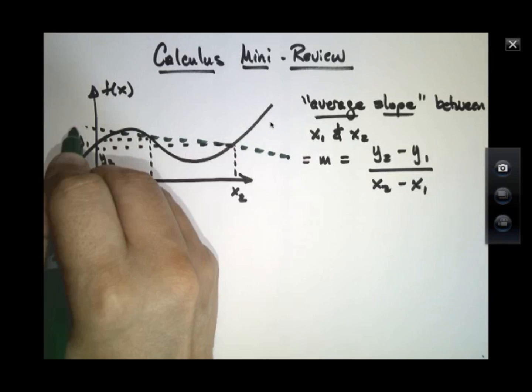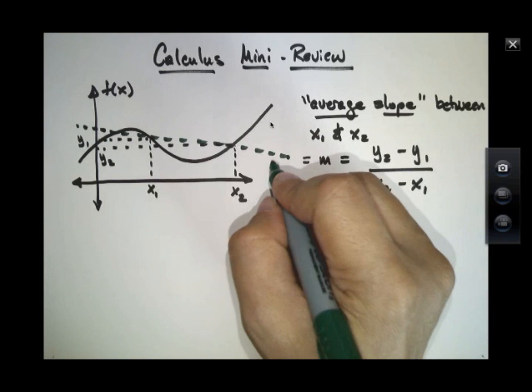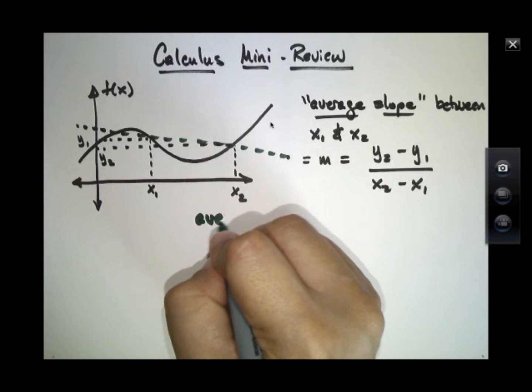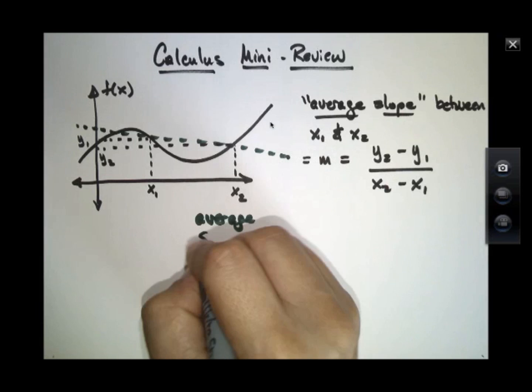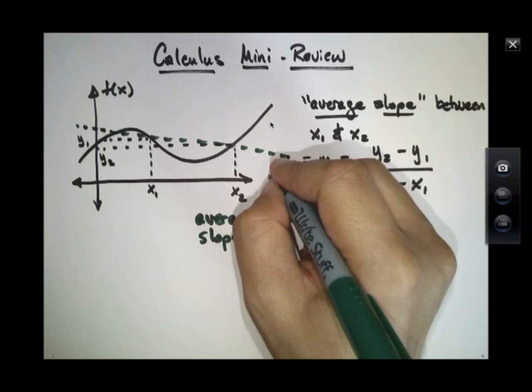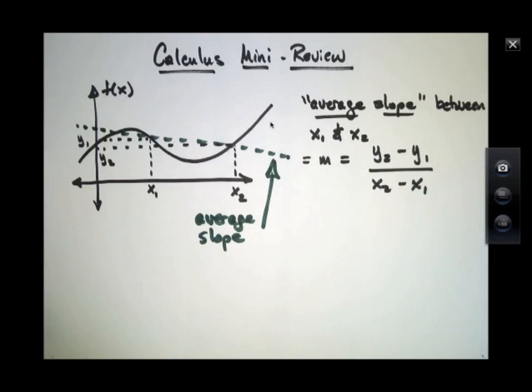And it points somewhat down right now. Of course, the average slope might be pointing somewhat up at other places on the graph, but for the two particular values of x1 and x2 that I've chosen, the average slope points down.